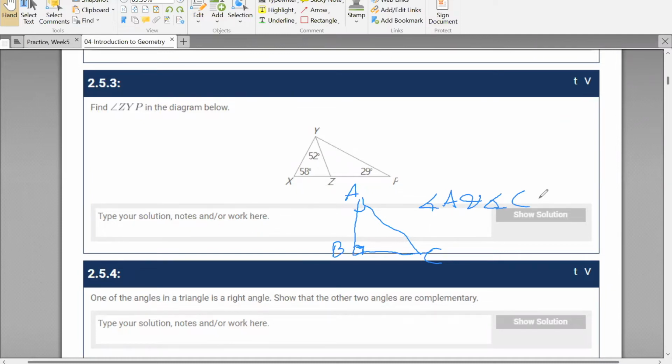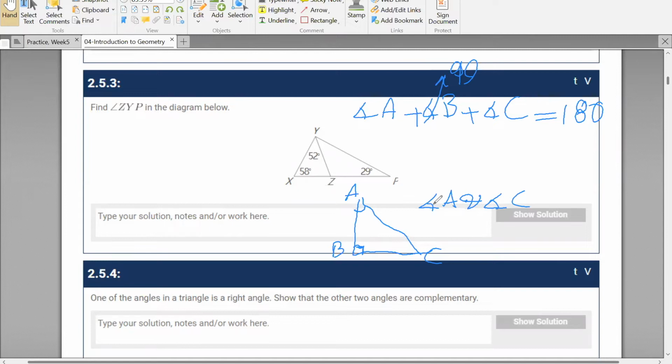Well, you say, because it's a triangle, angle A plus angle B plus angle C add up to 180 degrees. Now if angle B is 90 degrees, then we are looking for angle A plus angle C, right?